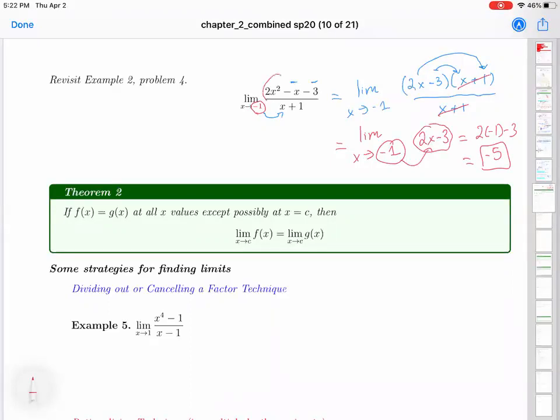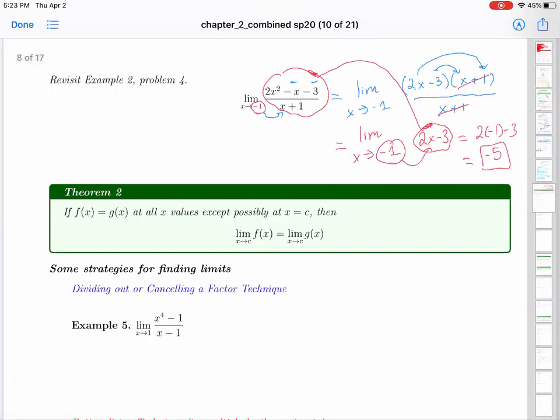These two functions only differ at one point, x equals -1. At x equals -1, this function is not defined, but at x equals -1, this function is defined. All right, so I found my limit.